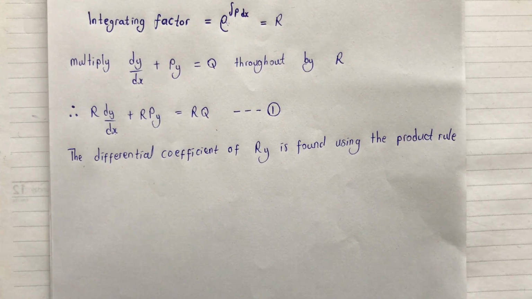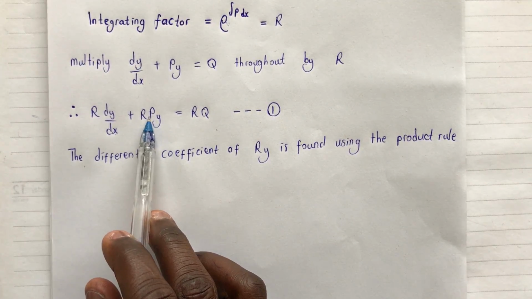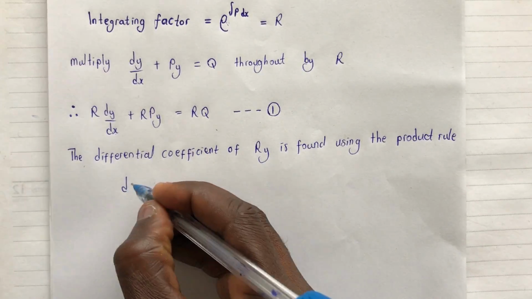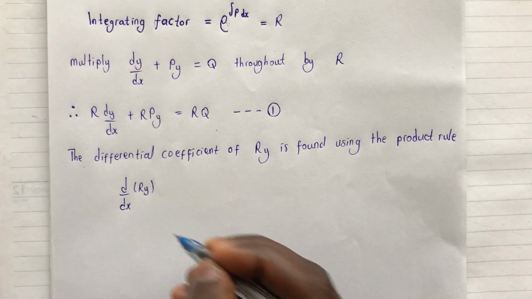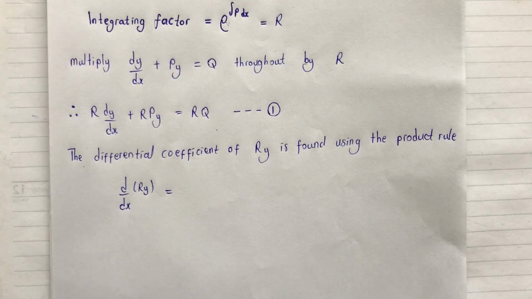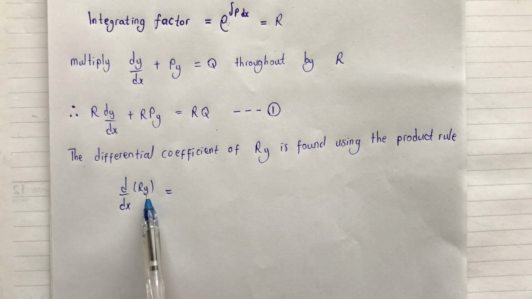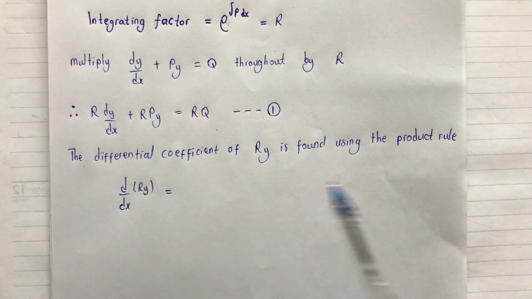So to use the product rule, what we are saying is that we are taking the derivative of R and y. P is a function in terms of the variable x. We are not yet interested in that. So the derivative of Ry in terms of the variable x will give us, from the product rule, most of us know: hold the first variable, differentiate the second, come back and hold the second variable, differentiate the first, and sum it up.